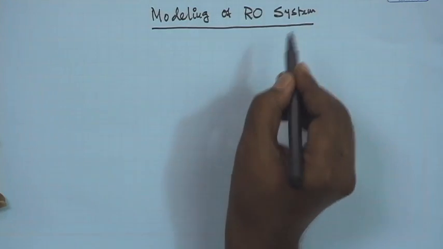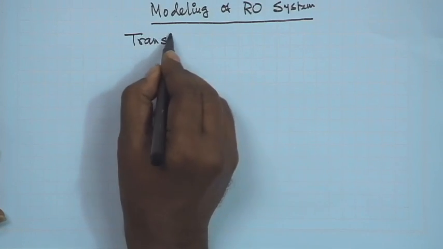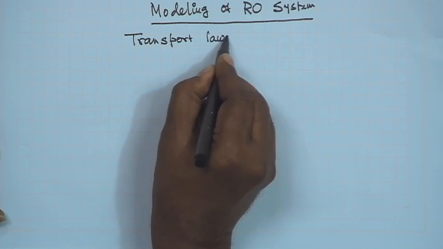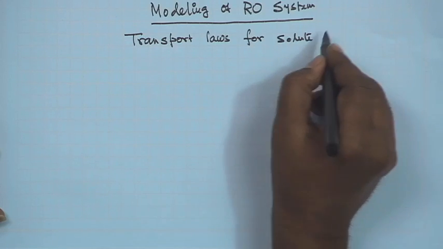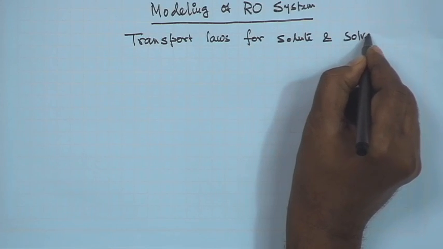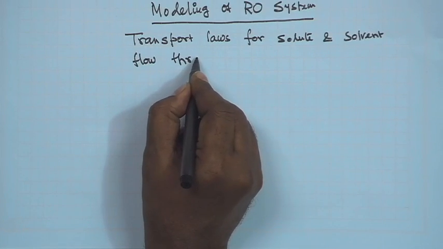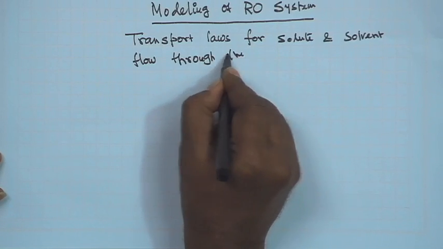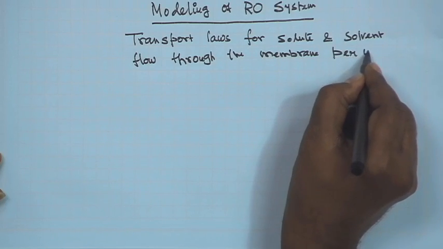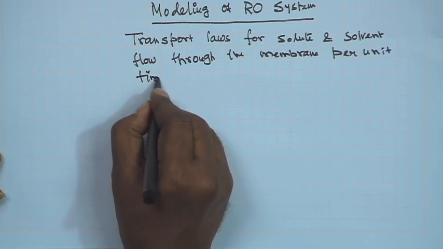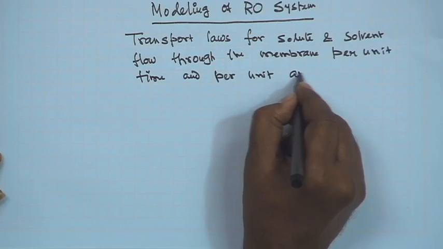We will be writing down the transport laws for solute and solvent flow through the membrane per unit time and per unit area.